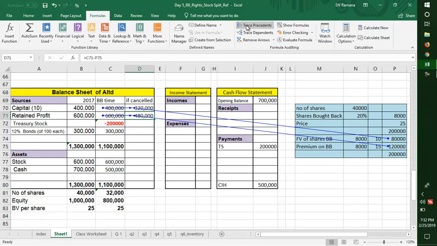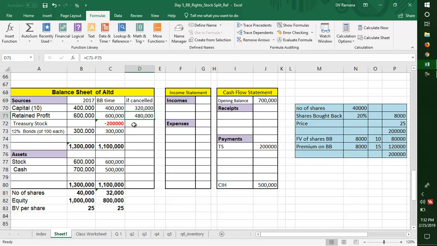So the retained profit reduces to the extent of the excess money paid, which is a premium on buyback. Even now it is not shown on the income statement. That means the income statement is in no way affected by the buyback of shares.